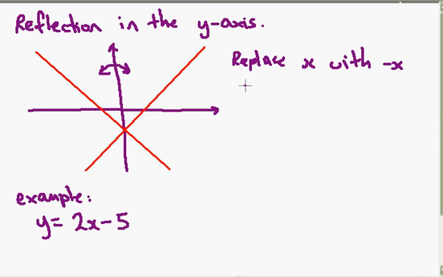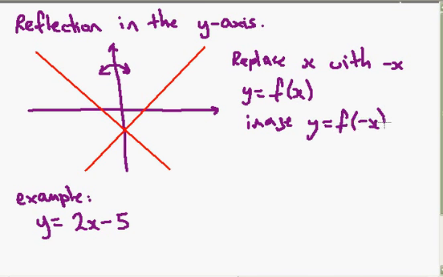So for example, if you started with y is equal to f of x, then the image, the reflection, is y is equal to f of minus x.